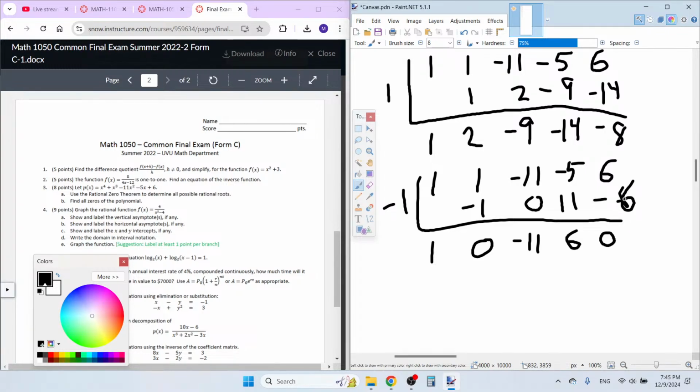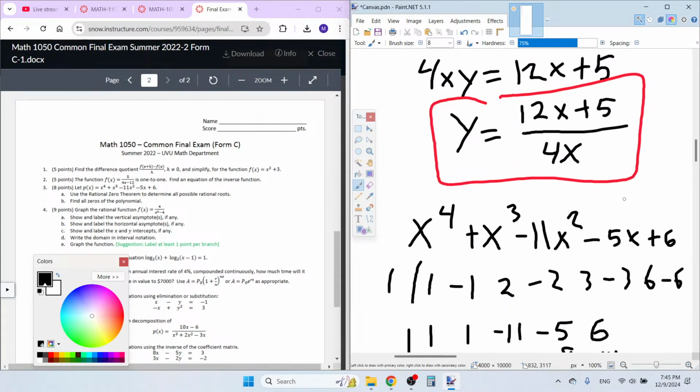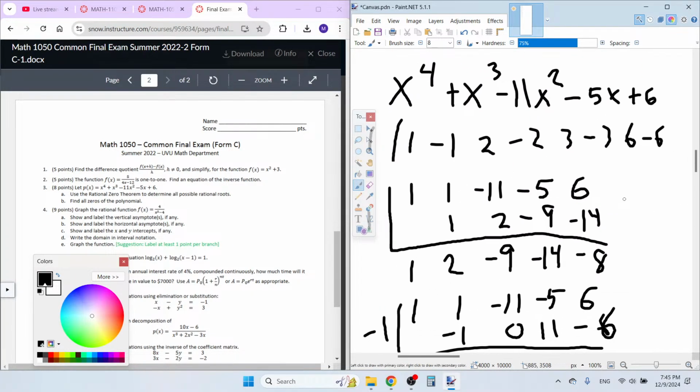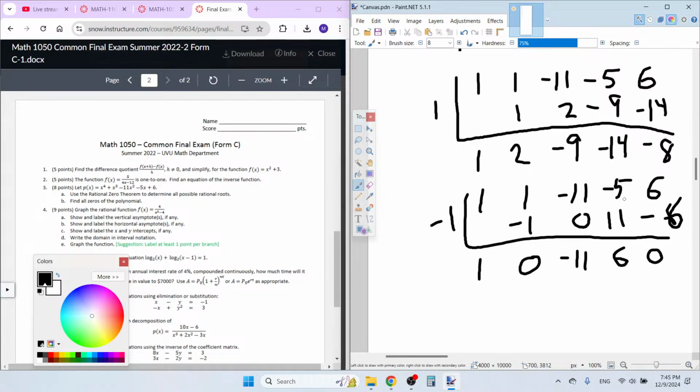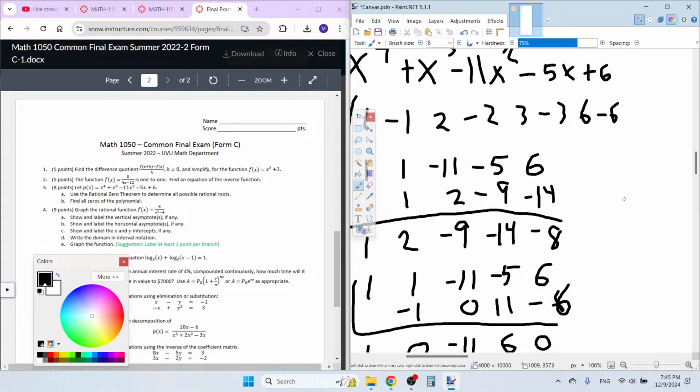That is a root. So let's make a list of roots. Roots: we have -1.